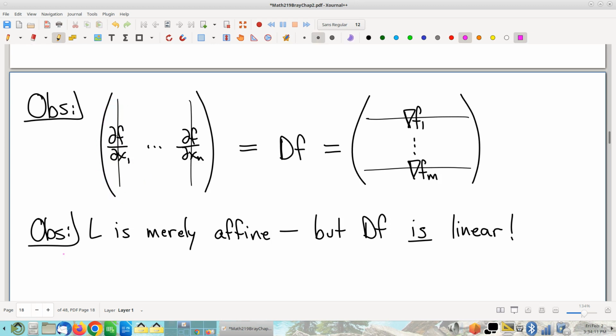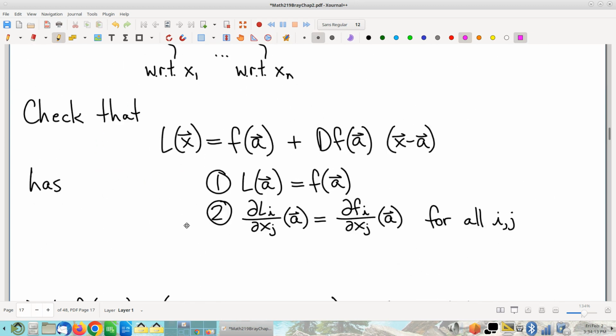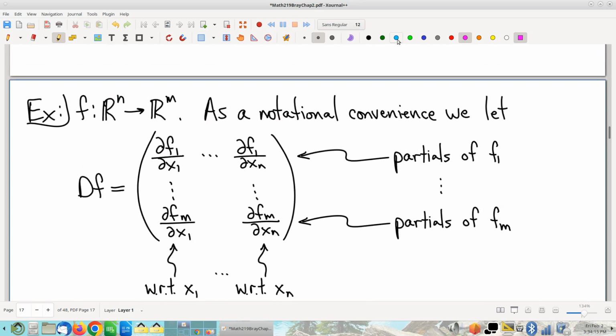Now, another observation. Let's go back up here to our formula for df. Here it is. Now let's look at this first row. We've already observed that every element is a partial of f1, but taking it just a little step further, not only is every element of this row a partial of f1, this row itself is literally all of the partials of f1.